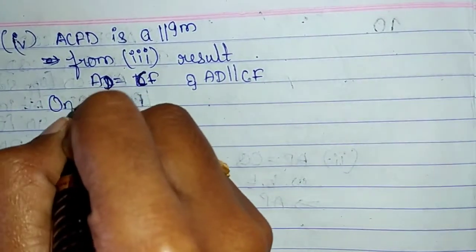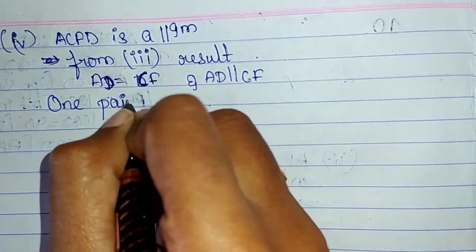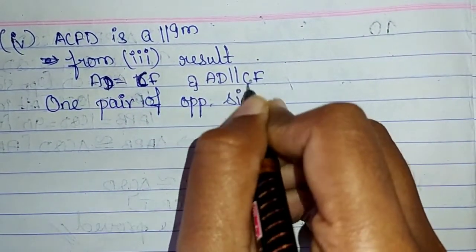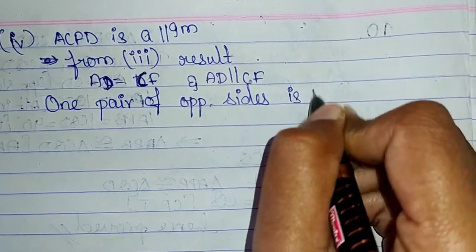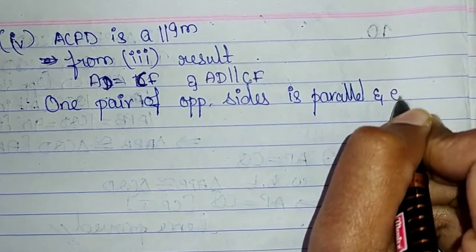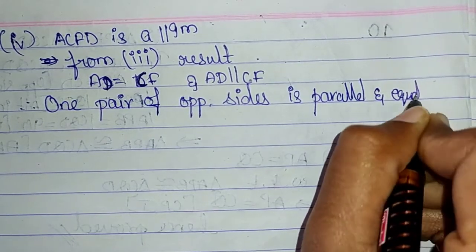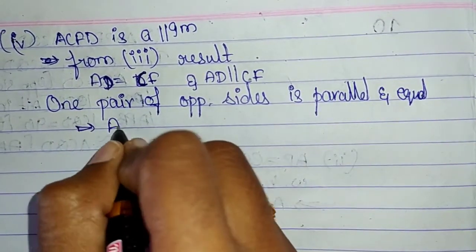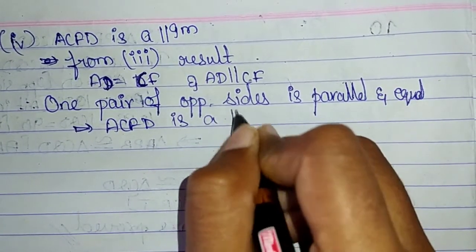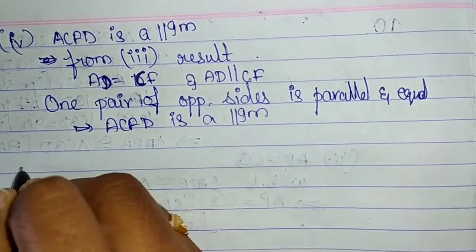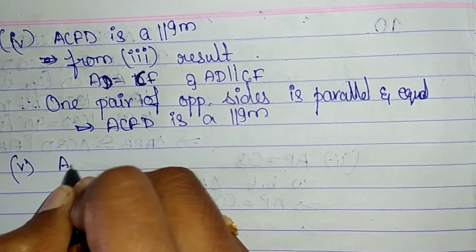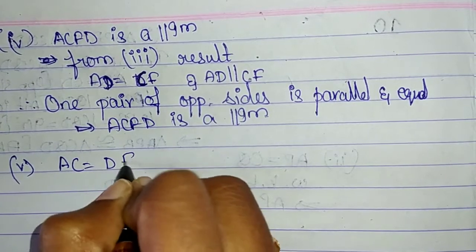Therefore, one pair of opposite sides is parallel and equal. So this implies ACFD is a parallelogram.